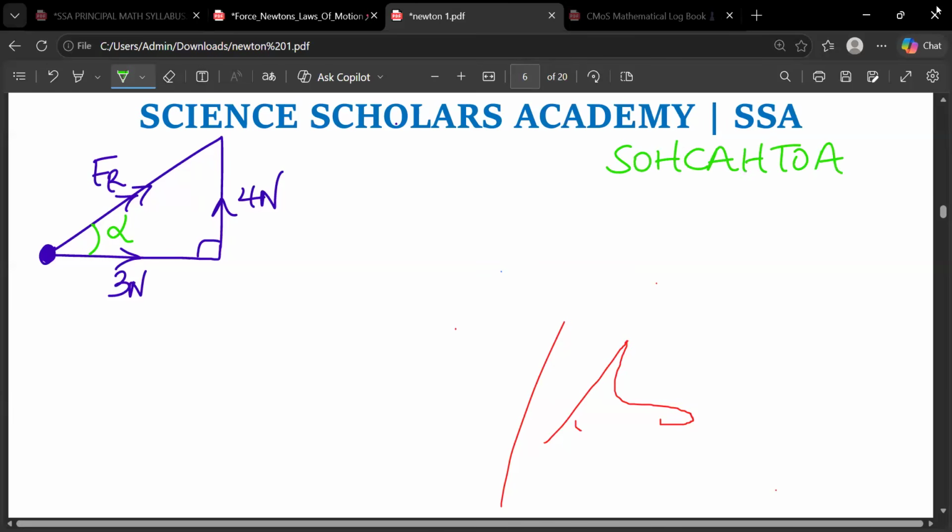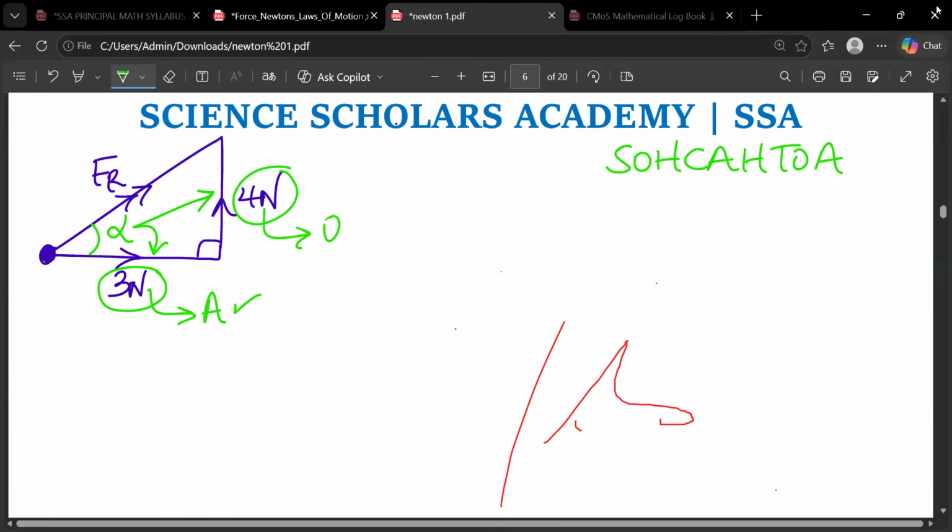In case you're looking for this angle, you look at these two. They are the ones you have: the 4 and the 3. When you look at 3, that is where the angle is sitting or lying. That is what they call the adjacent. Then this 4 is the side the angle is facing, so it is opposite to the angle.